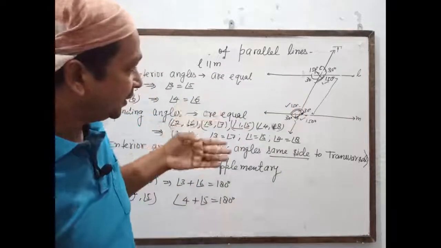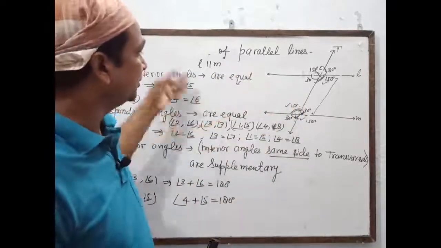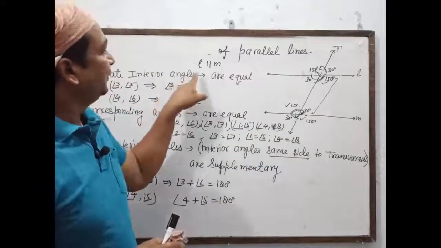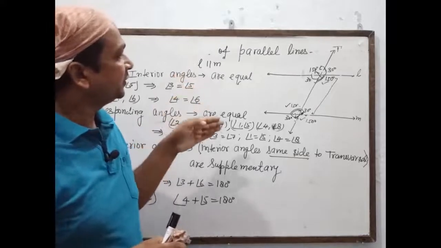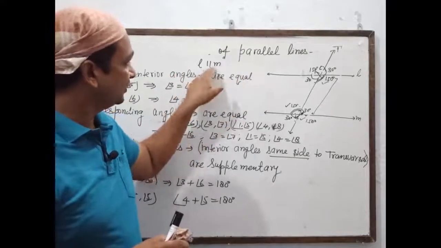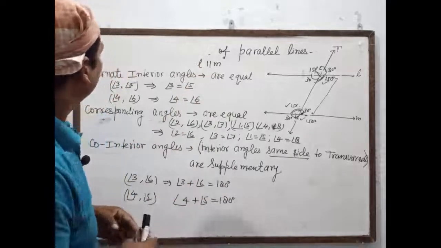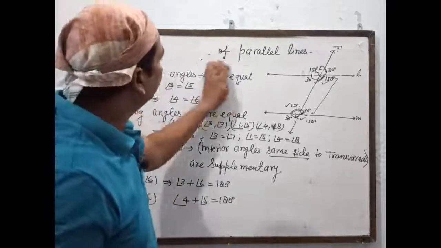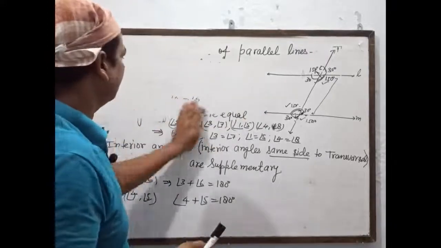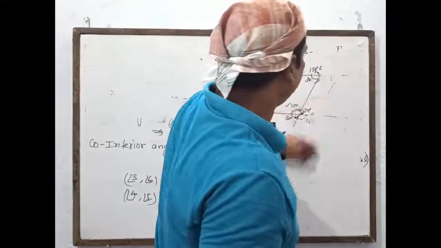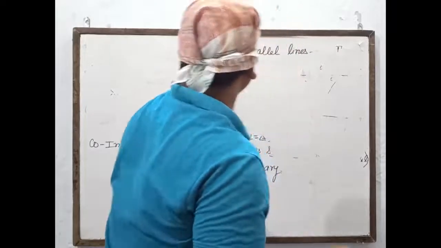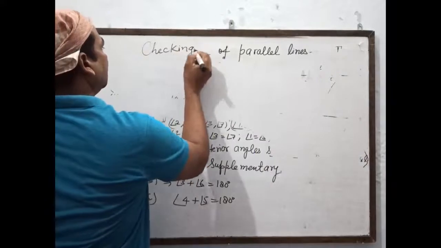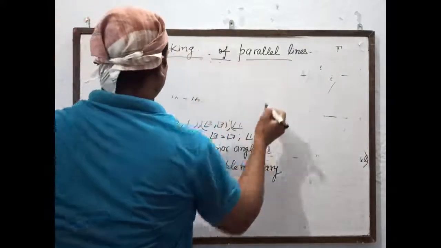If the lines are just looking parallel, we should not assume that they are parallel lines. Always check in the question that the lines are given as parallel. Otherwise, we cannot use these properties. Next topic is checking of parallel lines.